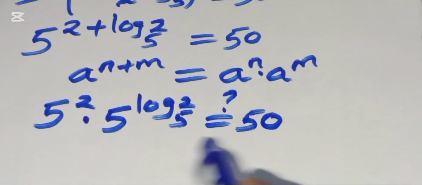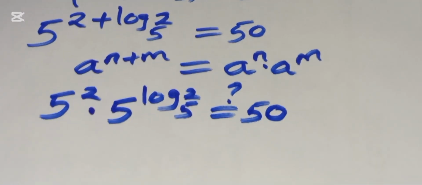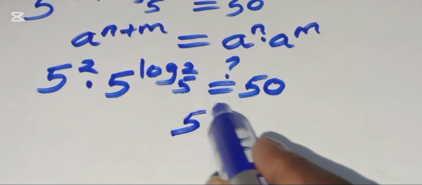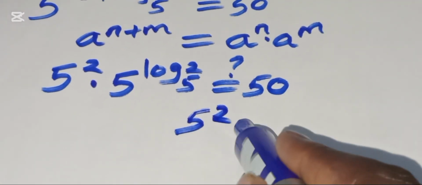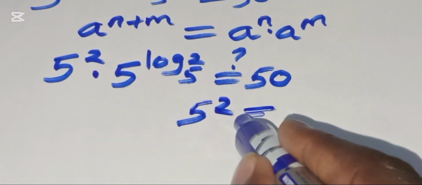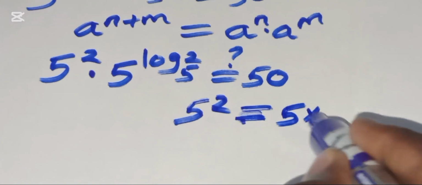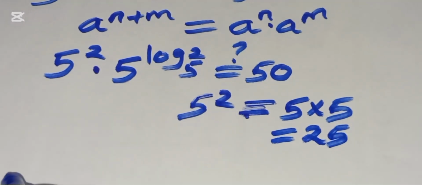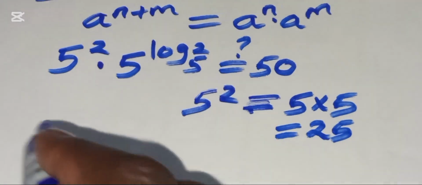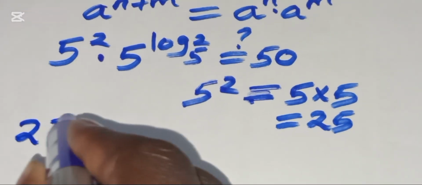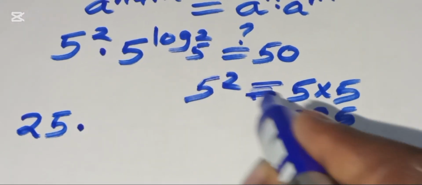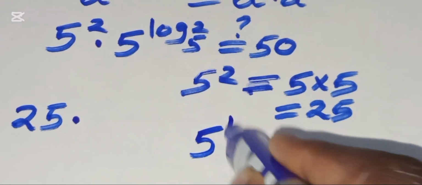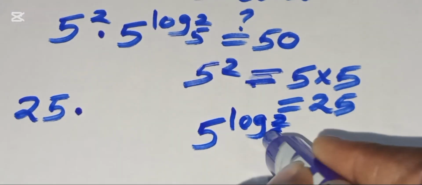Let's check if it will give us a value of 50. Now 5 raised to power 2 is the same thing as 5 multiplied by 5, which is equal to 25. Let's substitute this. We'll have 25 multiplied by 5 raised to power log 2 to base 5.